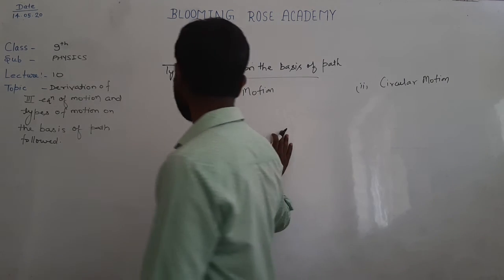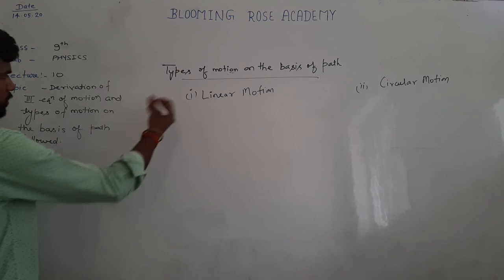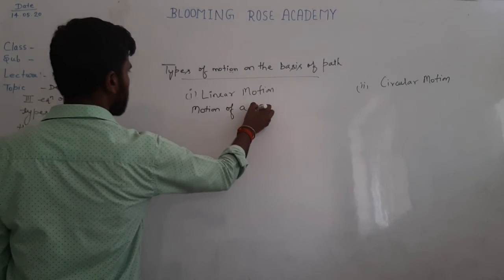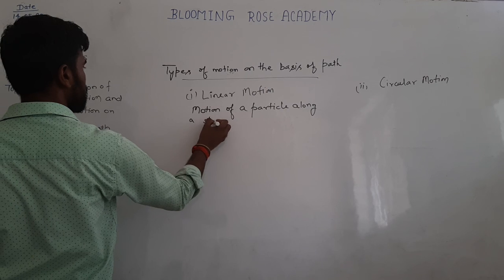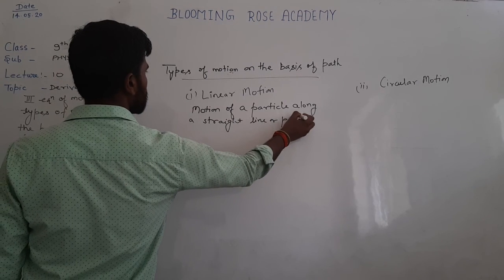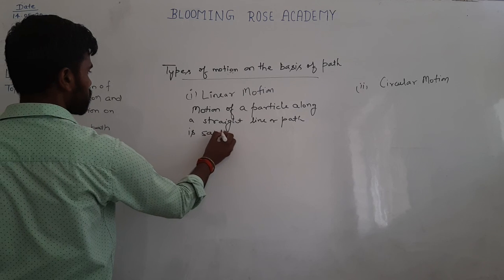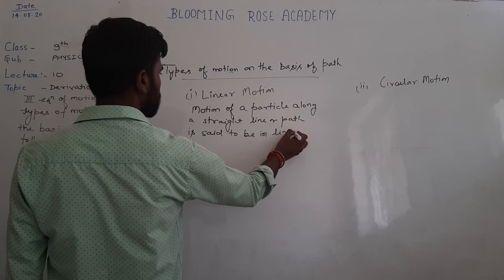The motion of a particle along a straight line or path is said to be linear motion.